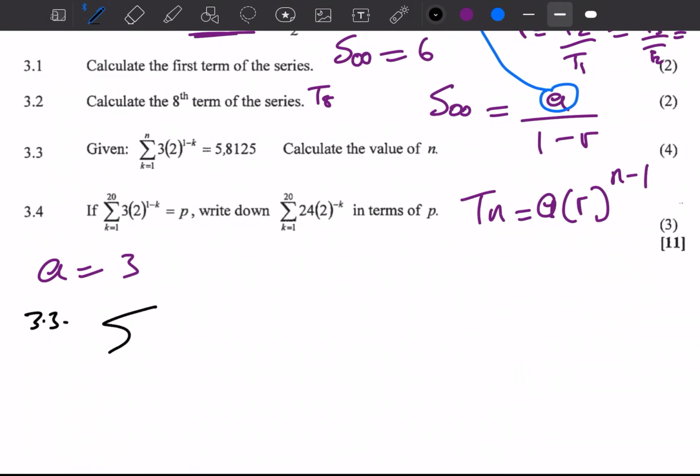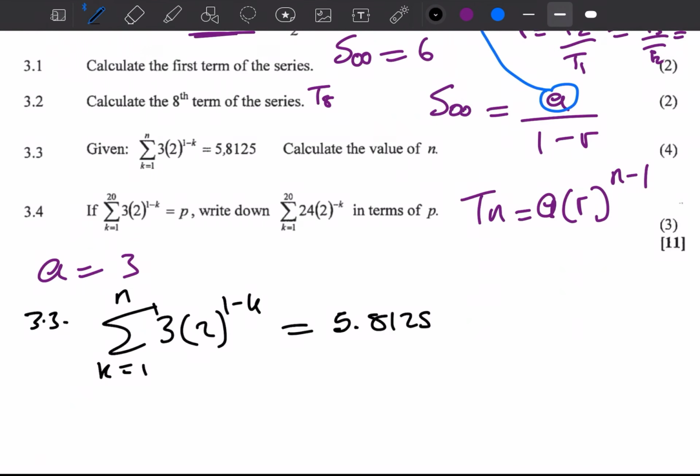3.3. So every time, this is a golden rule, that's what I was trying to mention earlier on, that if you have a sigma notation, try to expand it and make it simple, or make it a series. Make it a series before you do anything with it.